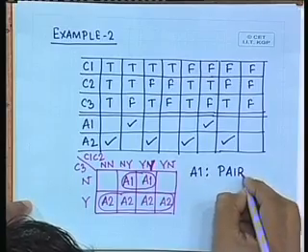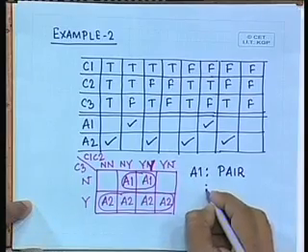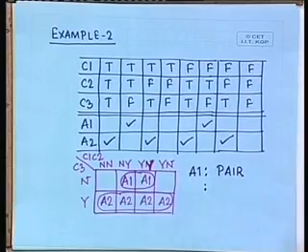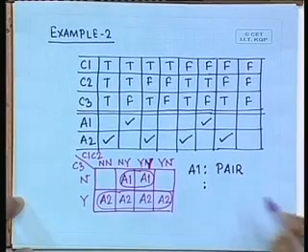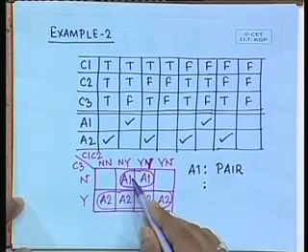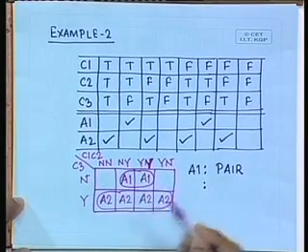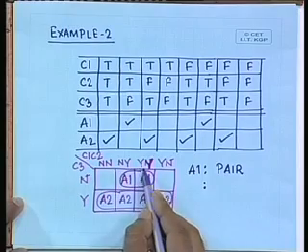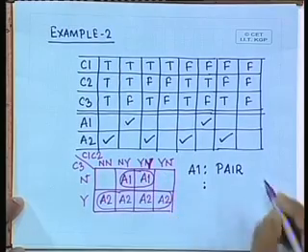So, from this we can infer, since A1 forms a pair, it can be put in which form? C3 bar and C2, because C1 is both no and yes and C2 is yes in both the cases.